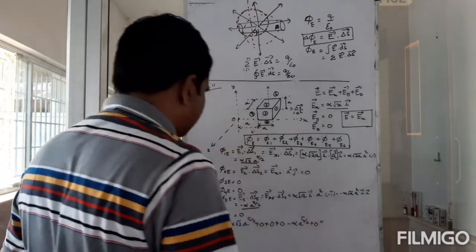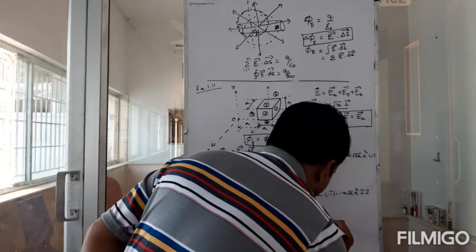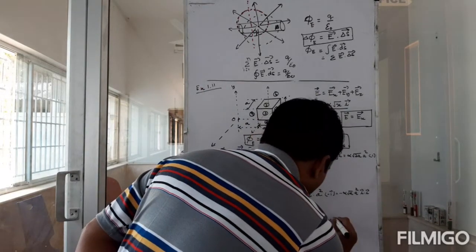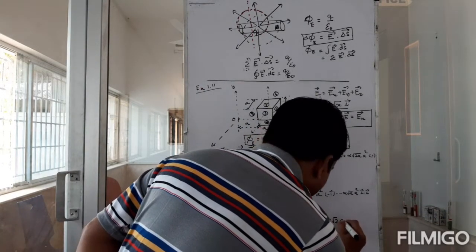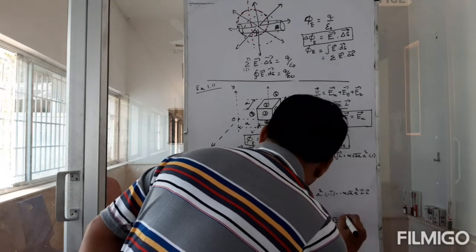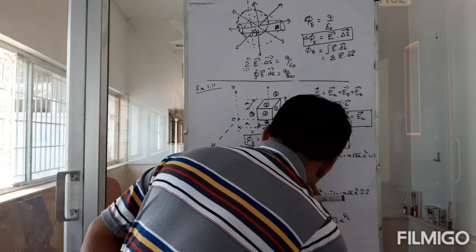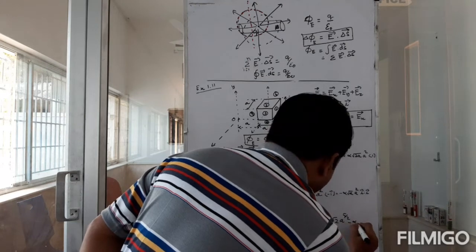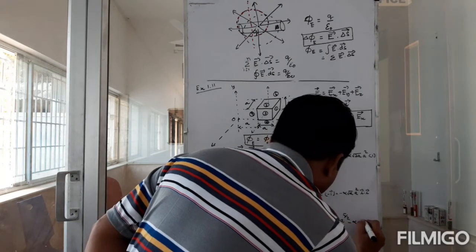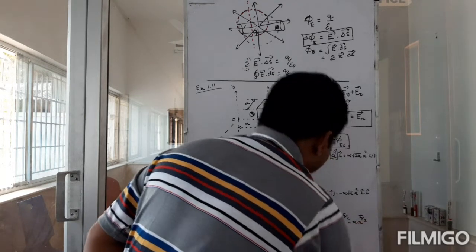So that gives you simply alpha root 2 A to the power 5 by 2, and minus alpha A to the power 5 by 2.